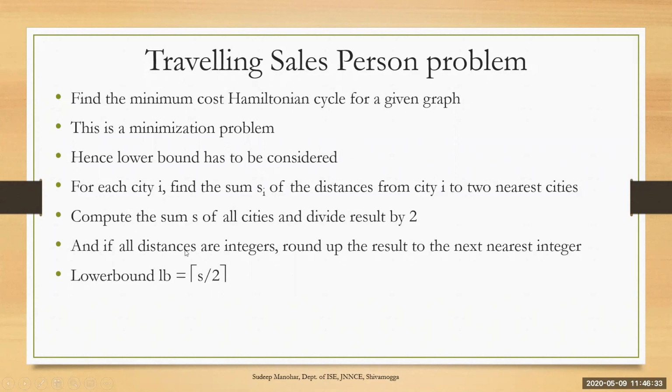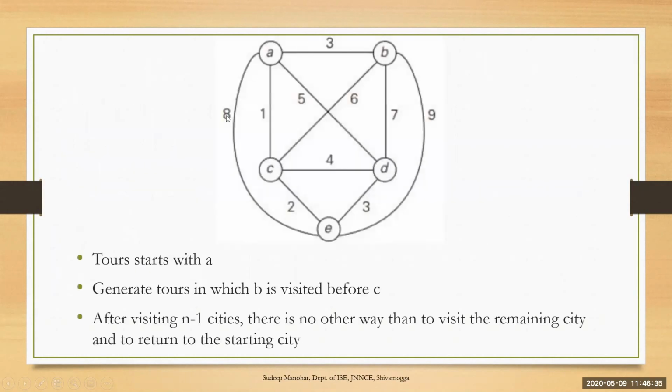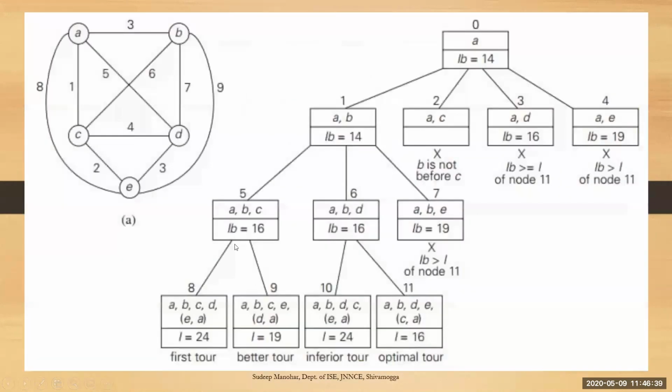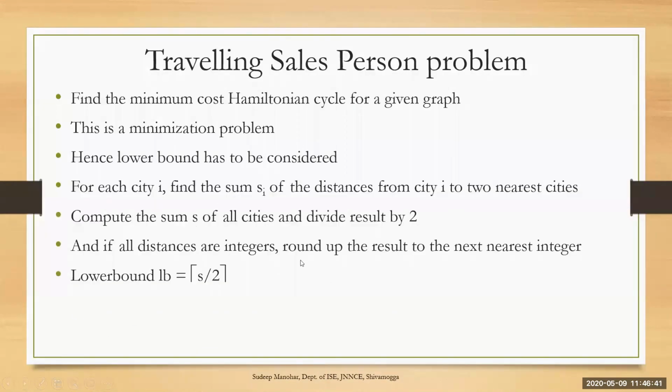If all the distances you have considered are integers, the result you get after dividing by 2 should also be an integer. Therefore you are supposed to take the ceil, that means the next highest integer. This is how you calculate the lower bound for the traveling salesperson problem.